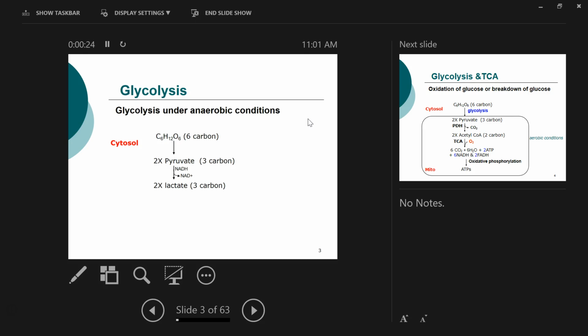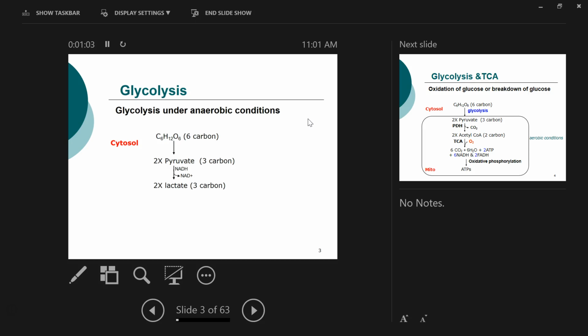Glycolysis occurs in the cytosol, and basically it's a reaction from glucose to pyruvate or lactate, depending on whether the cell is under aerobic or anaerobic conditions. Under aerobic conditions, the final product of the glycolytic pathway will be pyruvate, and pyruvate can be further oxidized in the mitochondria.